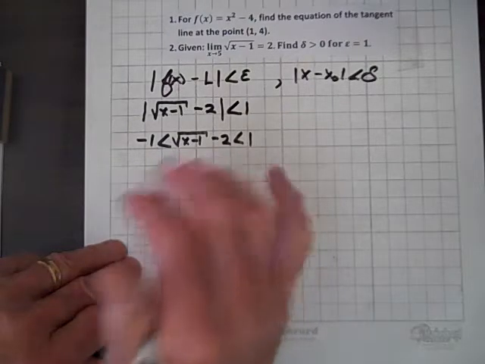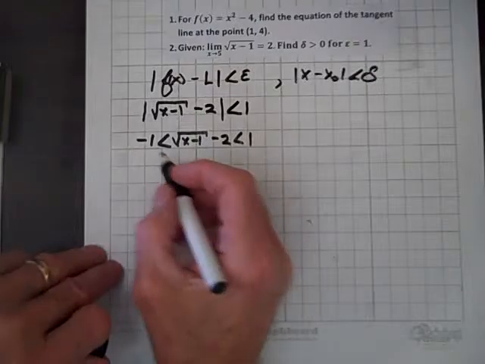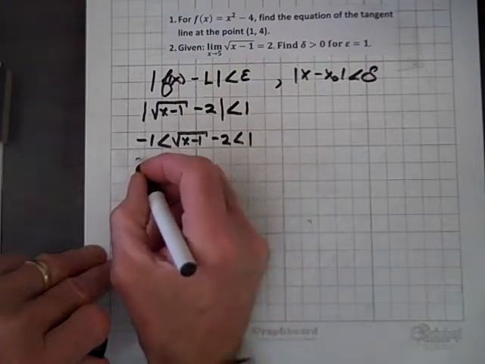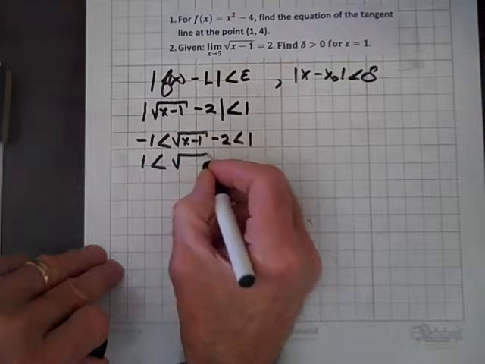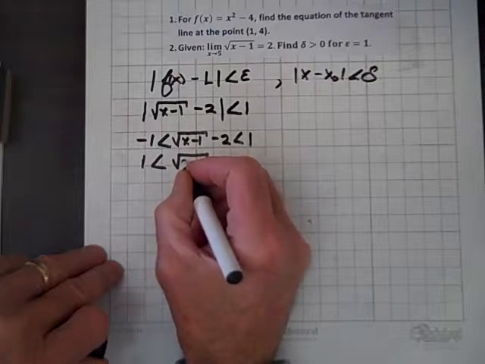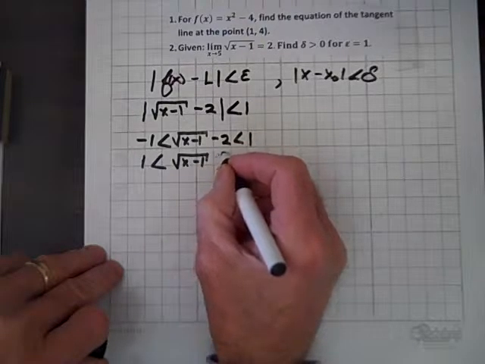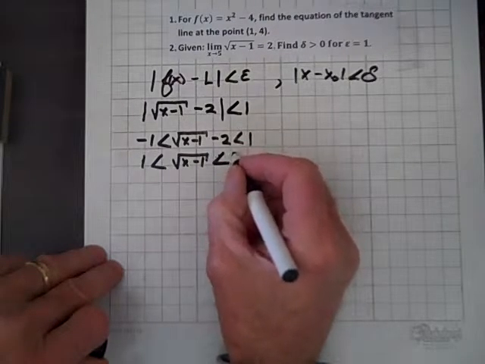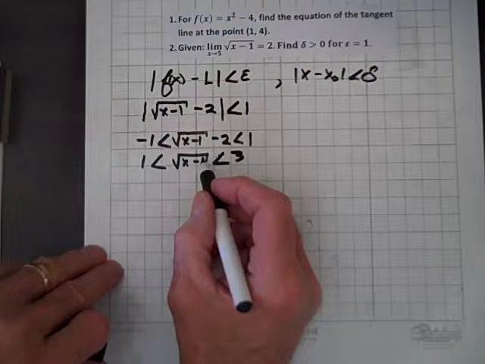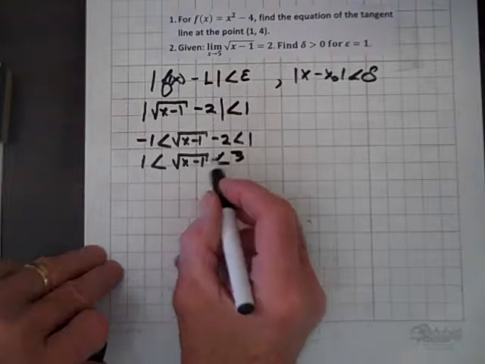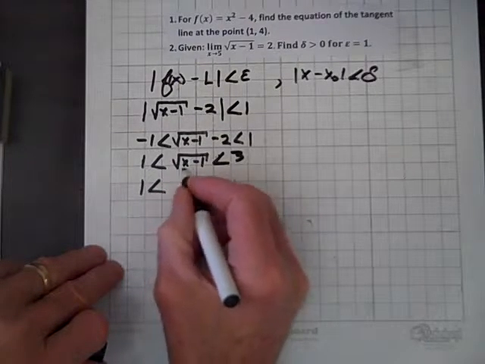Now we have to isolate this radical, so we'll add 2 to each interval. Adding 2 to negative 1, we get 1. Adding 2 to this interval, we just get the square root of x minus 1, the 2's add out. And adding 2 to 1, we get 3. Now we have to dispense with this radical, so we will square each interval. 1 squared is 1.